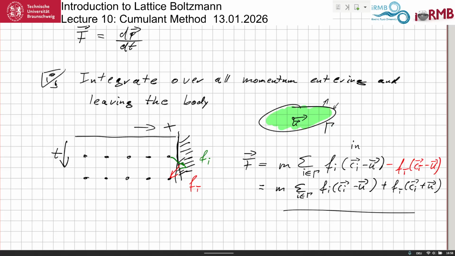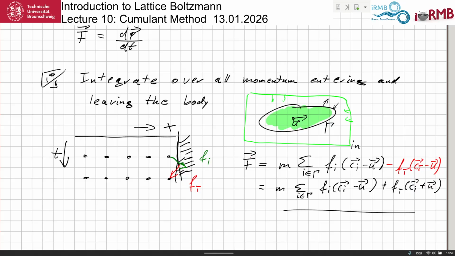If you just want to know the average momentum exchange, then you can simplify this further. At the end of the day, everything that moves into this body has to go through a closed envelope of this body.